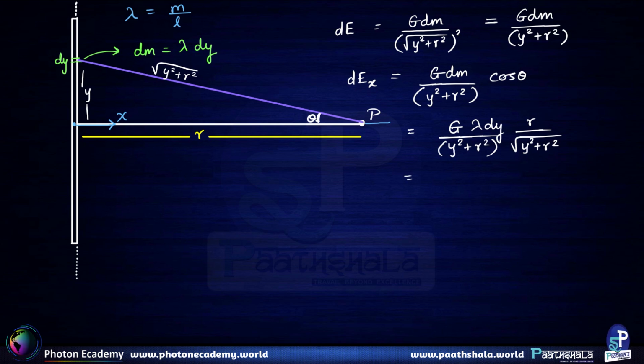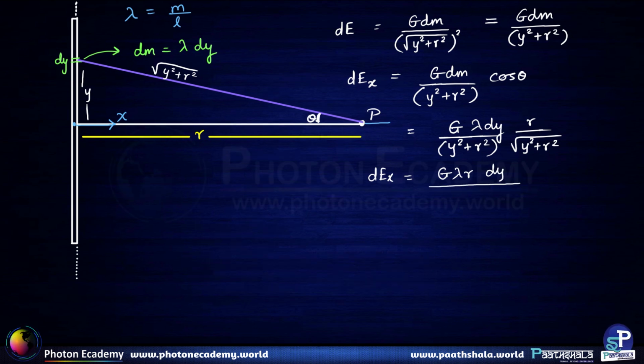So here I get this dE in the x direction to be G lambda r dy upon y square plus r square raised to 3 by 2.